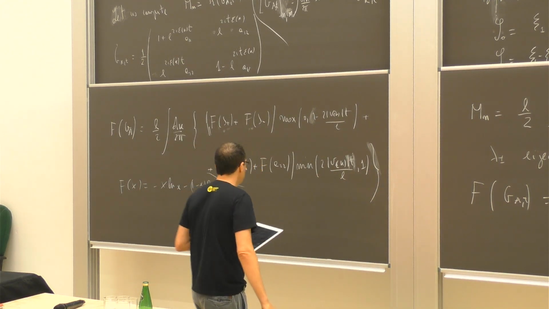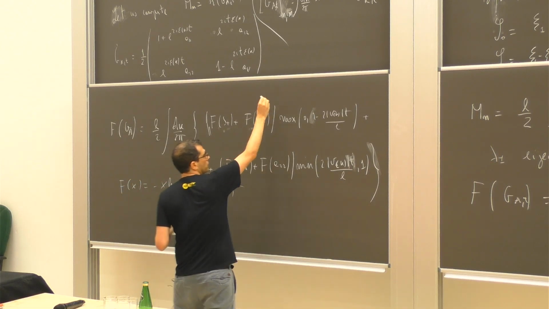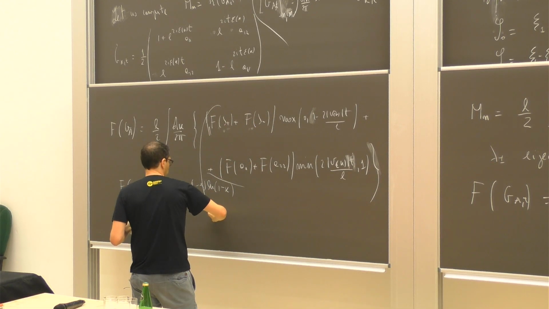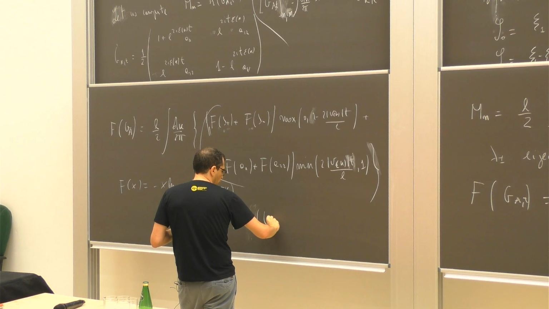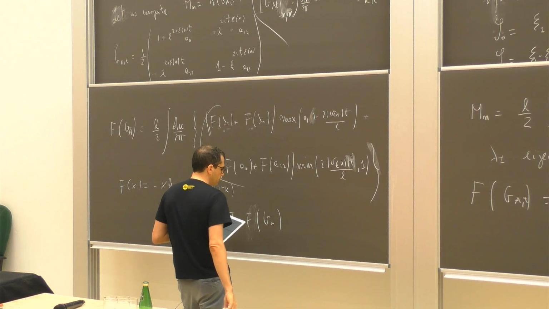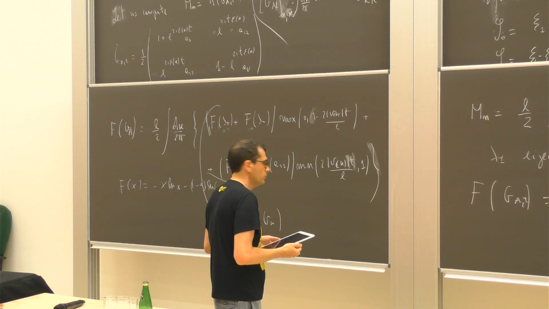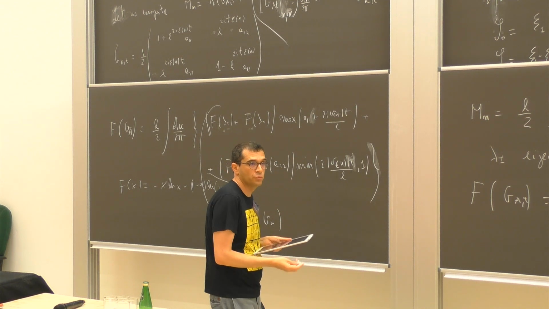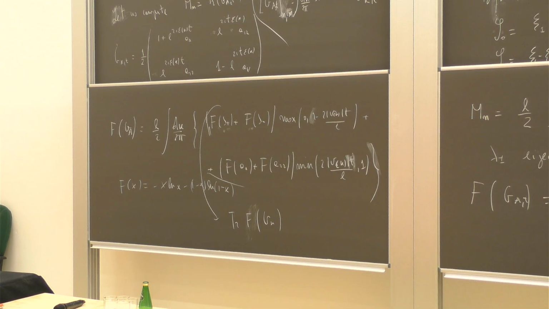This object here is just the trace of f of gk. Right? You apply the function to g and then you take the trace. What is this? This would be the entropy of the full state.